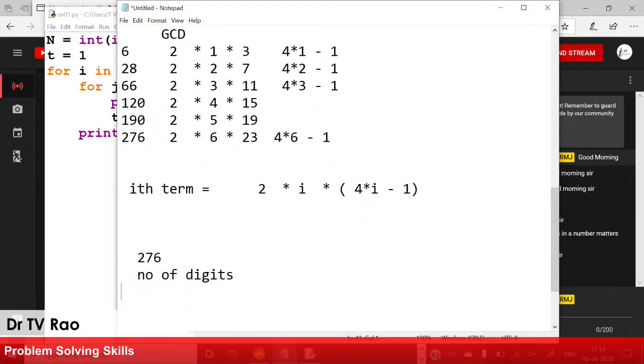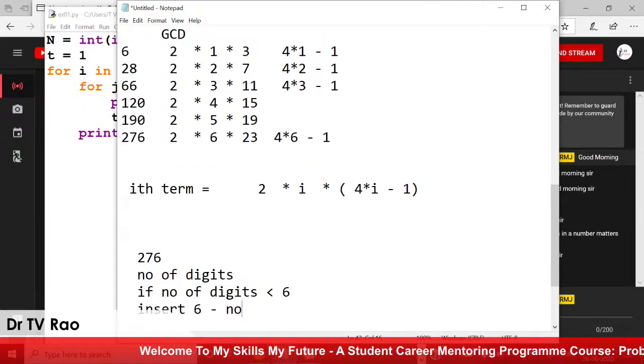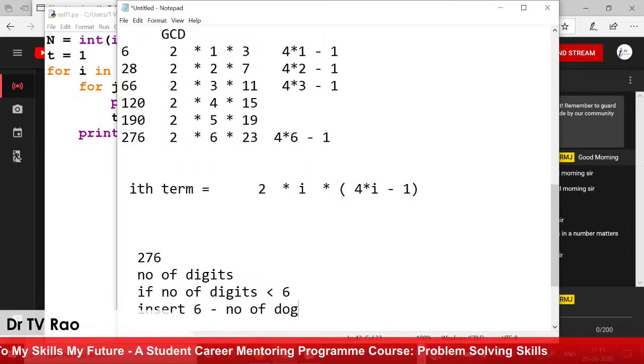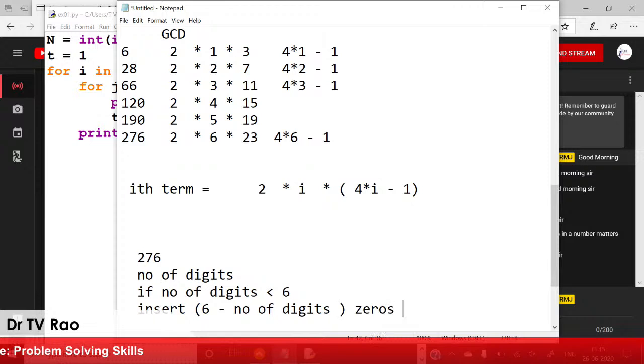If number of digits is less than 6, then insert 6 minus number of digits zeros at the initial position.